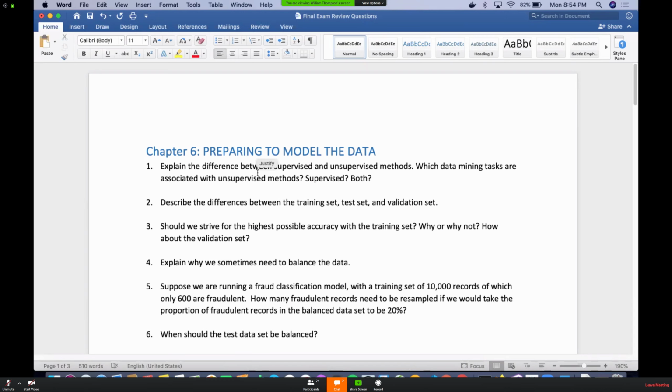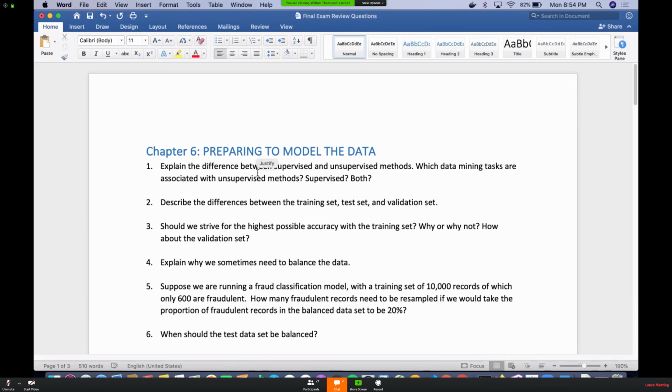And we said the test data set is also referred to as the holdout, because you keep it away from the training process. Once you train your algorithm, then you use the test data set. The validation data set can also be used to validate your model.